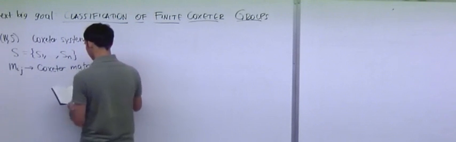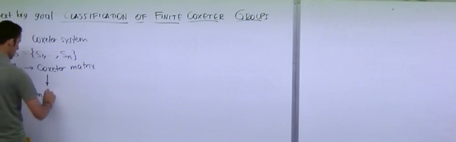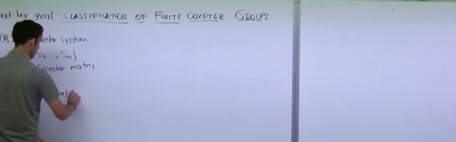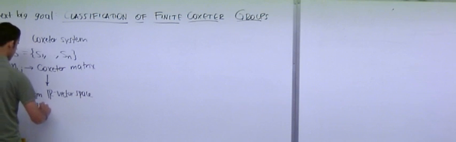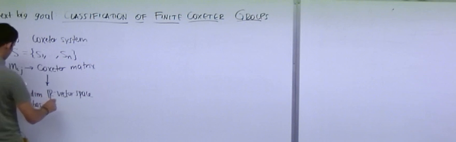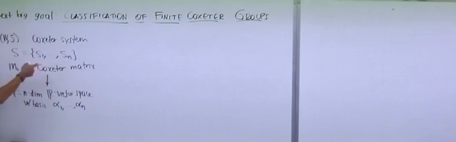Given this, we have constructed the following: a vector space V, an n-dimensional real vector space with basis labeled alpha 1 up to alpha n, and we're going to think that they correspond to S1 up to Sn. Okay.